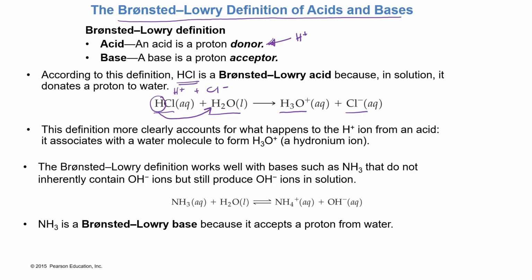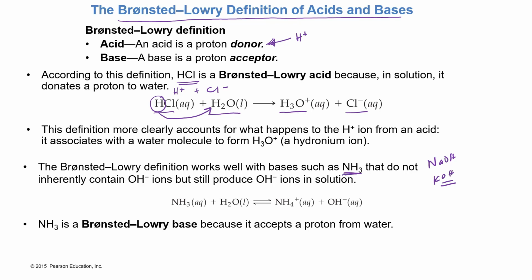The Bronsted-Lowry definition works well with bases like NH3 that don't have the hydroxide ions directly on them, like sodium hydroxide or potassium hydroxide. With those, you can see the hydroxide.